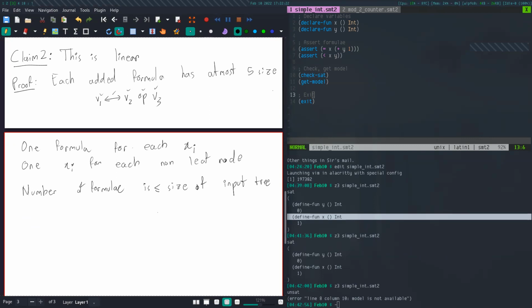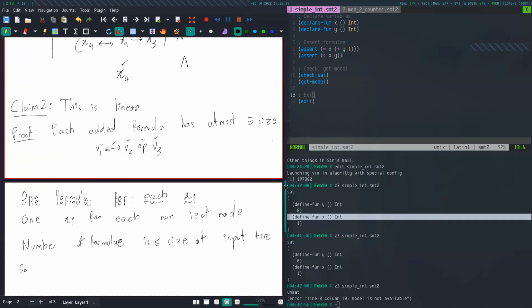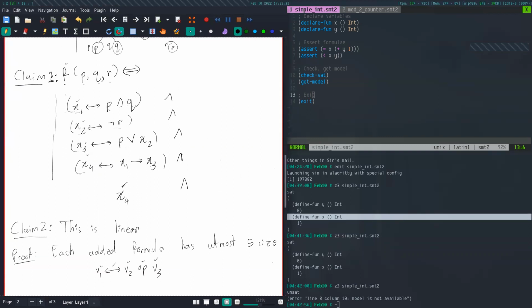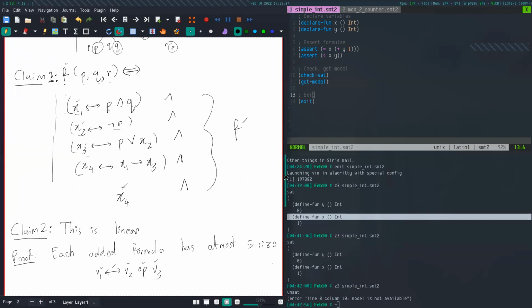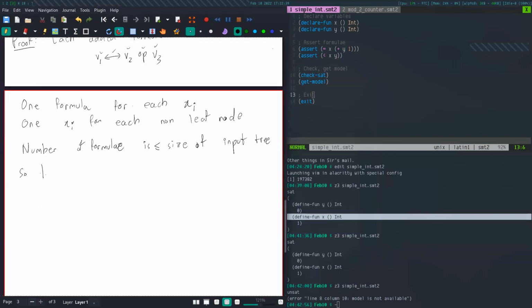Now, this will basically tell you that if we call this entire thing f prime, the size of f prime is going to be O of size of s. This is going to be linear. Is this clear?